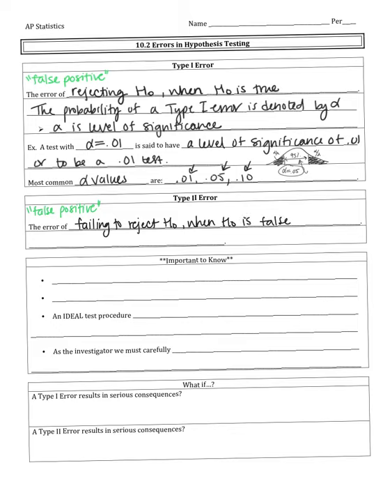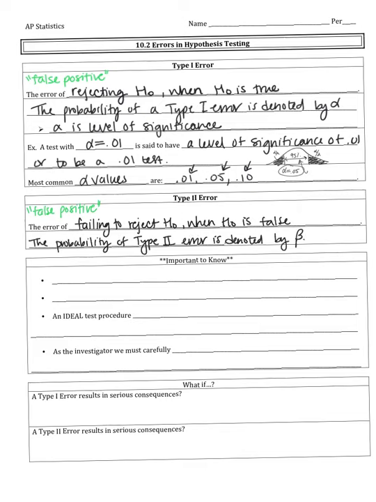So we fail to reject the null when we should reject the null. The probability of a type 2 error is denoted by the Greek letter beta.